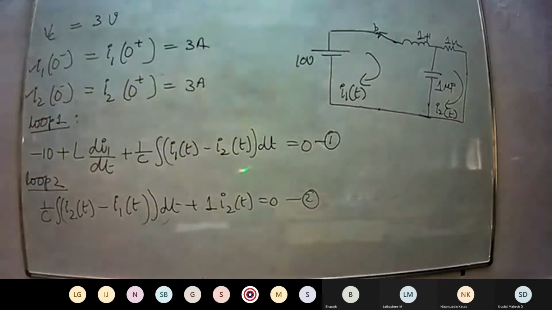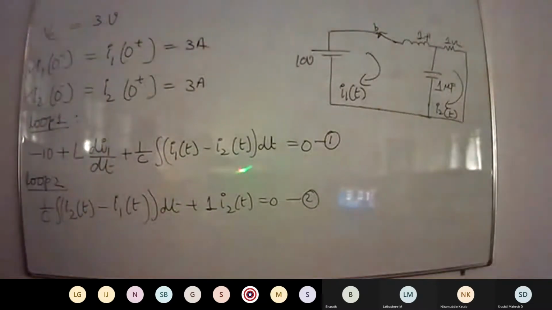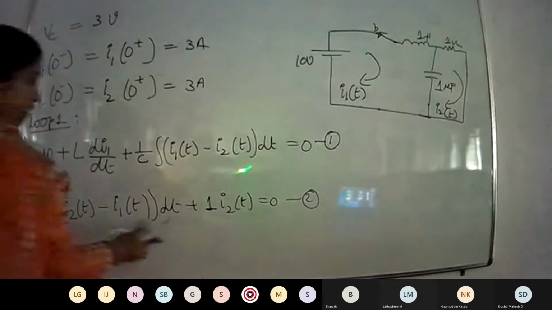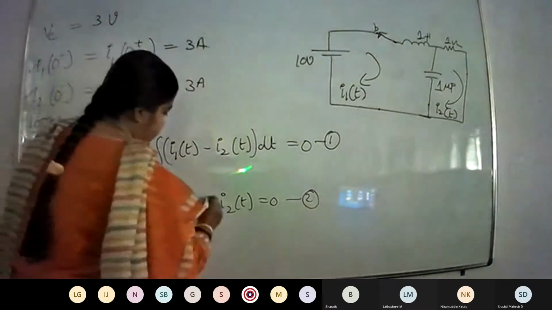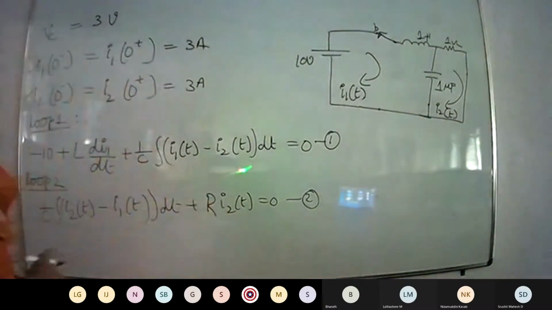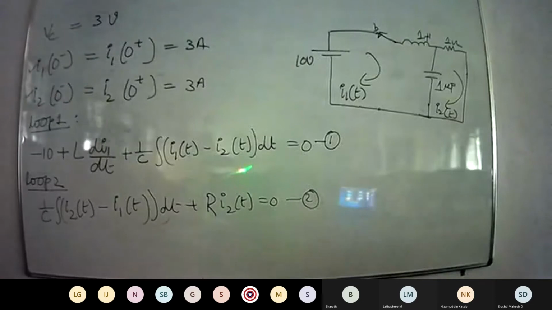Just see once loop 1 and loop 2 equation. You can write resistor into current, or you can just write 1. Instead of 1 you can write R also. R into I2 of t equals 0. Call it equation 2. So from equation 1 we can find out the di1 by dt.